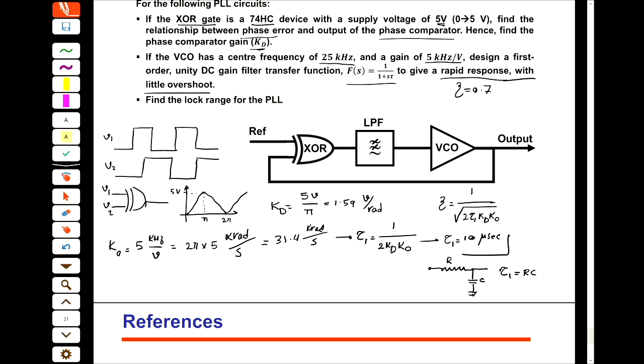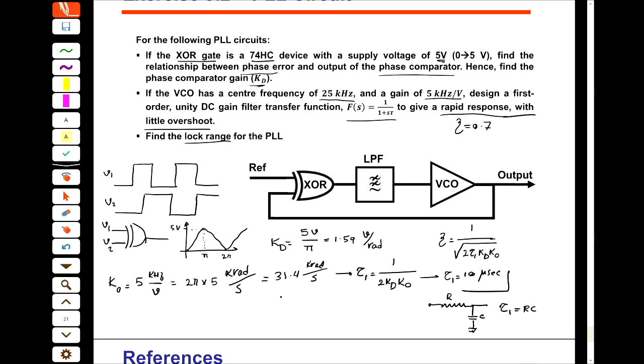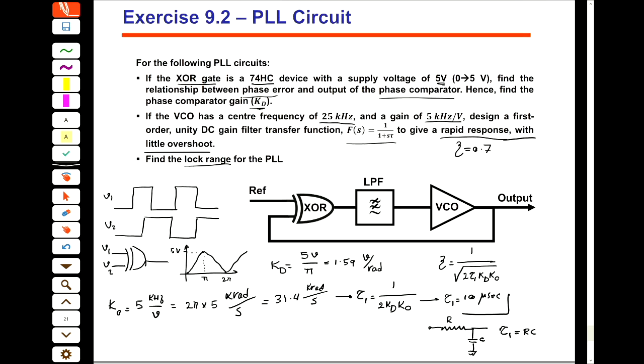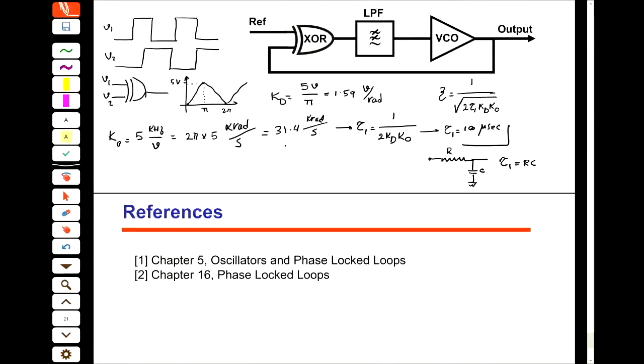And then it says to find the value for the lock range of the PLL. What's the lock range of the PLL? Okay. We had the center frequency of 25 kilohertz, and if we look at this graph, when it is 25 kilohertz, it is at this point, at 2.5 volt.